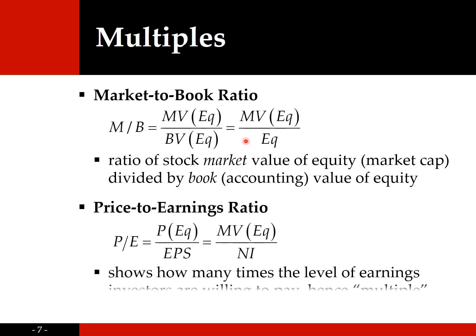The second ratio uses earnings or net income as the scaling factor. It is the PE ratio, or the price to earnings ratio, which is typically defined as the price per share divided by the earnings per share, which is equivalently, of course, the market value of equity or market cap divided by the total net income or earnings.